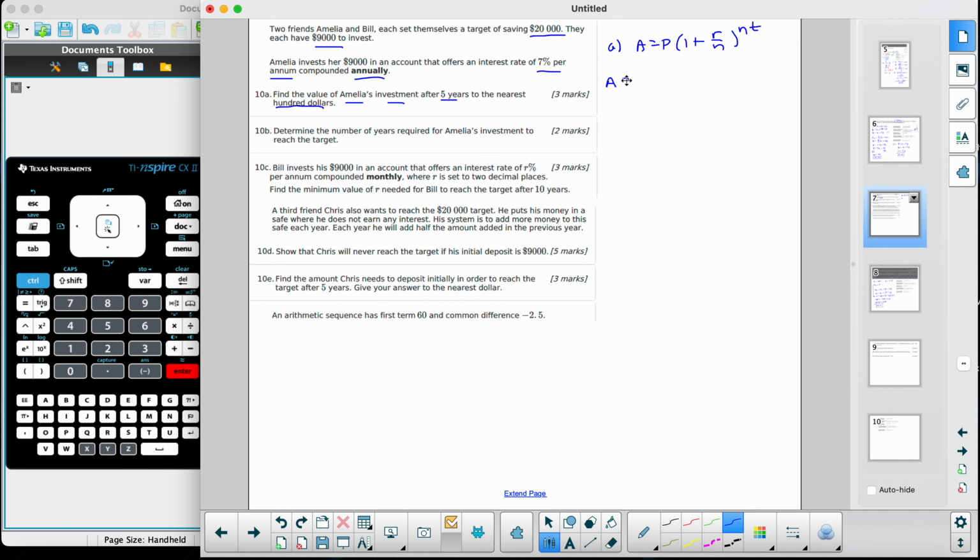So for Amelia, that's going to be 9,000, the initial amount, times 1 plus her rate, 7%, so 0.07, divided by 1, to the power of 1 times 5 years, to the 5th power. Now, I'd go ahead and do 9,000 times 1.07 to the 5th, right? Okay, so let's do that.